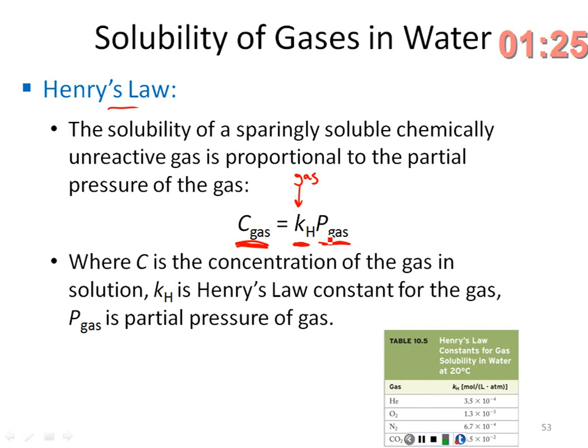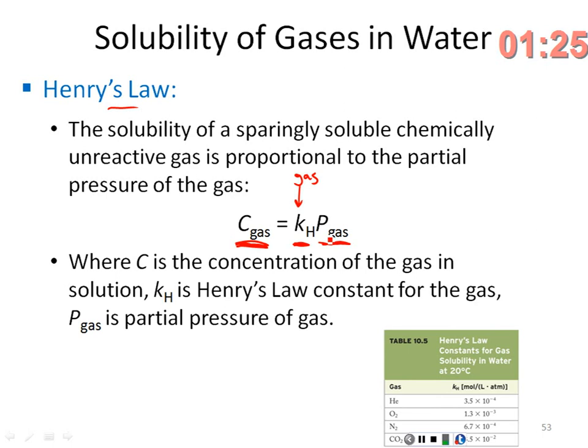When we release more CO2 in the atmosphere, not only is it a greenhouse gas and can lead to higher temperatures, but the higher partial pressure of CO2 in the atmosphere means that more CO2 is dissolved in the oceans, so the concentration of CO2 in the oceans becomes higher, and this causes a decrease of the pH of oceans or lakes, and that can harm aquatic life.